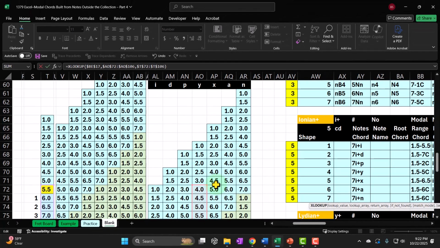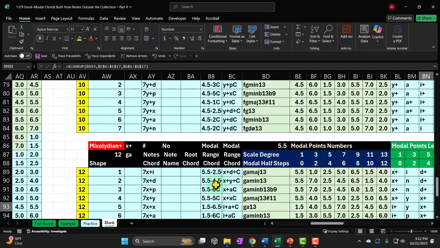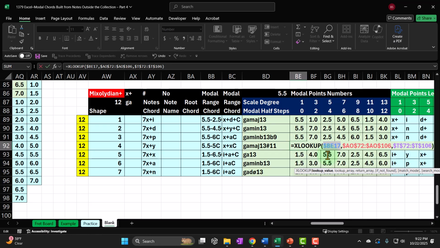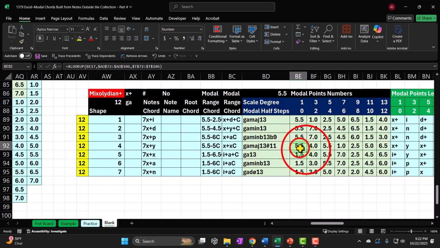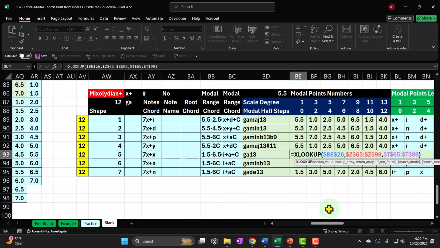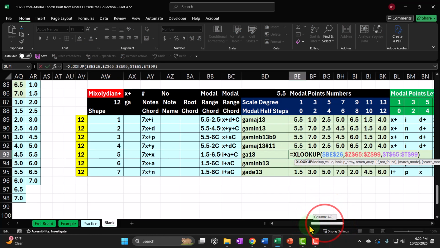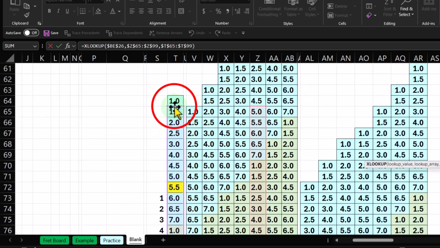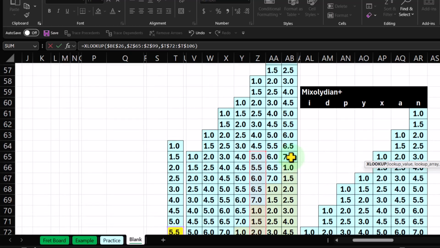Okay. And then enter. And then we'll F4 that to get rid of the absolutization. Copy it across. Double click this one. And we're going to say, all right. Pull this down. Otra vez. Otra vez.